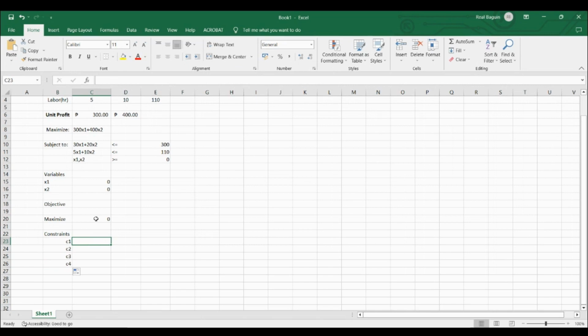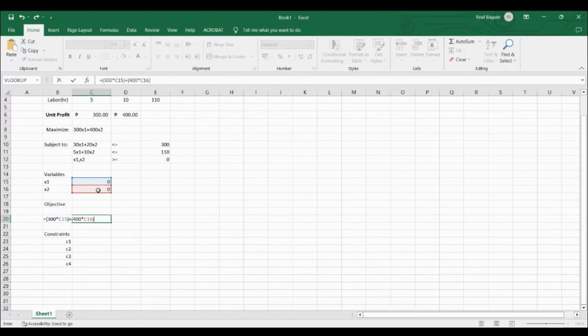Okay, so we have to maximize it. So that is equals, I'll just have a parenthesis, 300 times x sub 1 plus 400 times x sub 2.